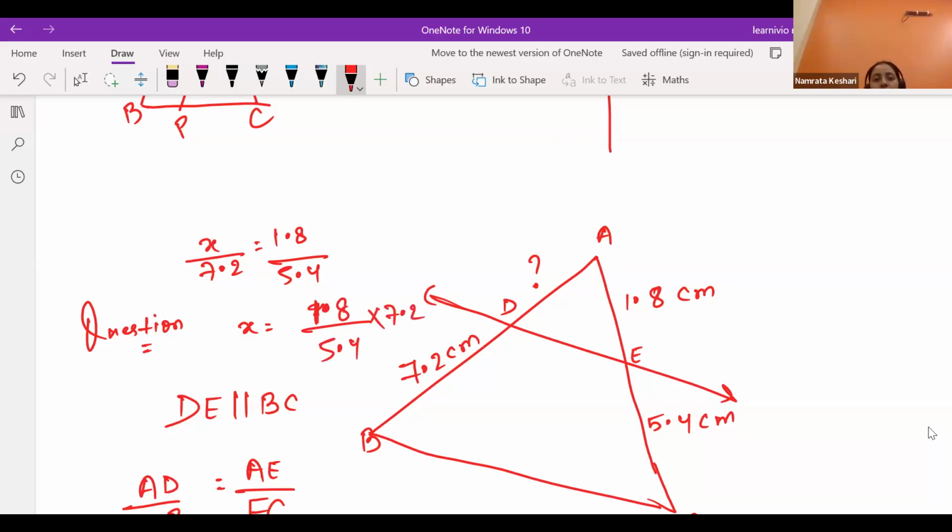Removing the decimal, you will get 18 into 72 by 54, but here one more zero will be there. This is in the numerator. We are multiplying numerator by 100 and denominator by 100, so one zero will be there.